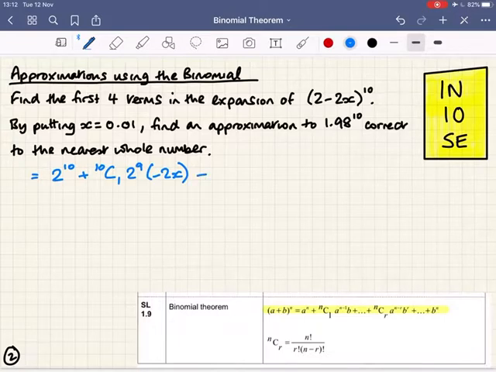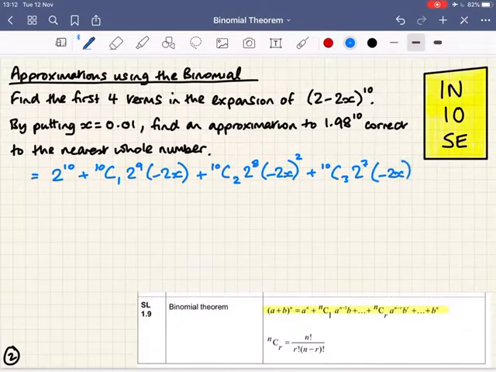That's the second term. Third term, 10c2, 2 to the power of 8, minus 2x all squared, and then finally 10c3, 2 to the 7, and minus 2x all to the power of 3. And that would carry on, but we don't need to because we're only asked for the first 4 terms.